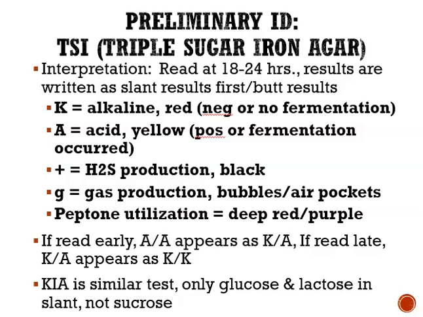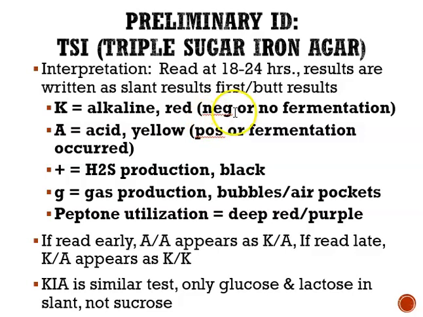The results are written as your slant result over the butt result. I think I've got an example I'll show you in just a minute. We use a K to indicate an alkaline reaction. Alkaline means that acid has not been produced, so the tube has stayed the original red color.